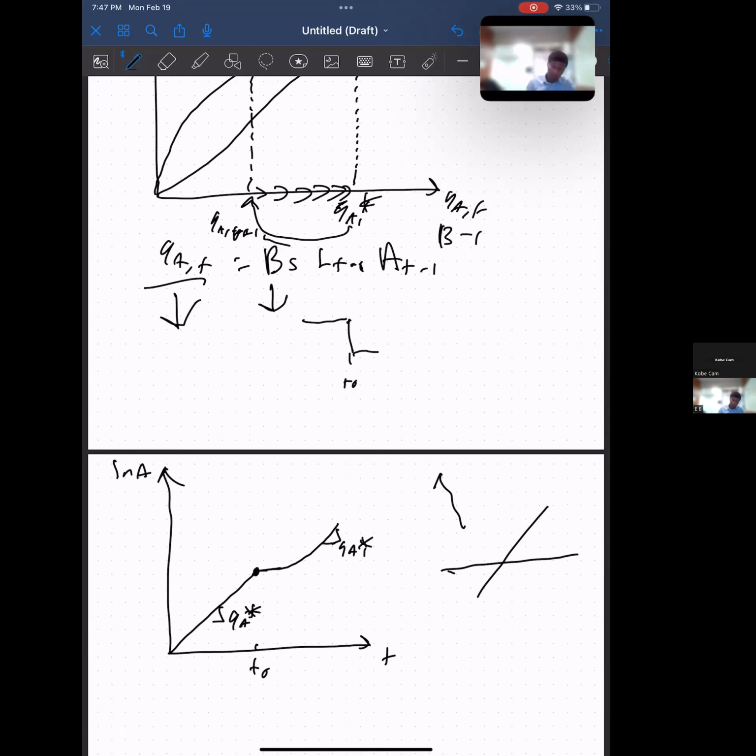Okay, so let's just showcase this parallelism between the two things. We can draw this line, GA star. You can go further here by saying that this is also GA star.